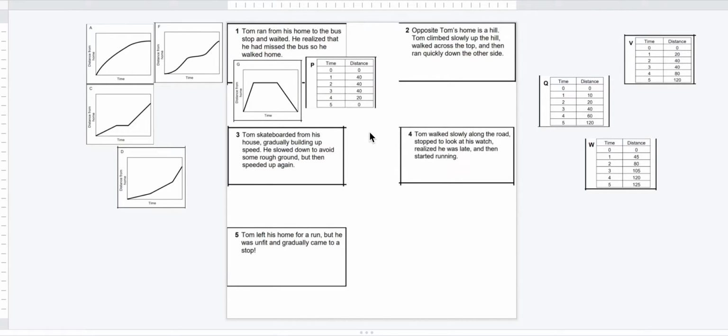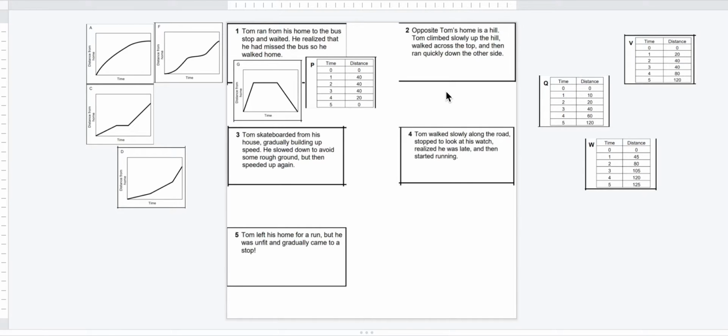All right, let's look at 2. Opposite Tom's home is a hill. Tom climbed slowly up the hill, walked across the top, then ran quickly down the other side. Okay, so let's think about it.